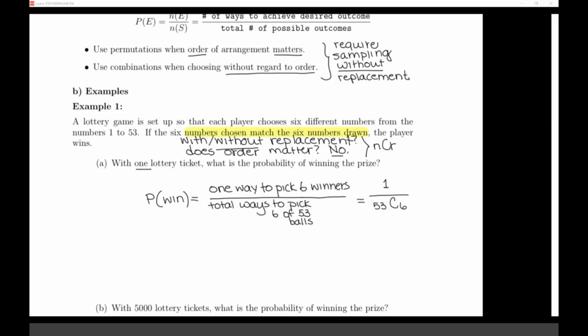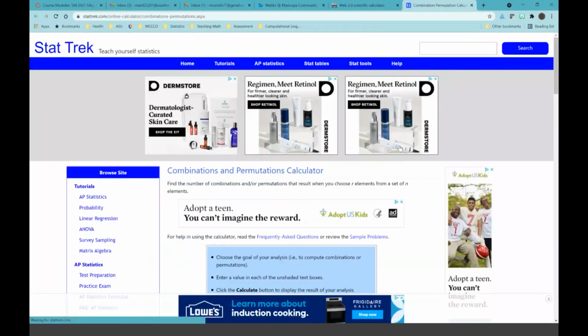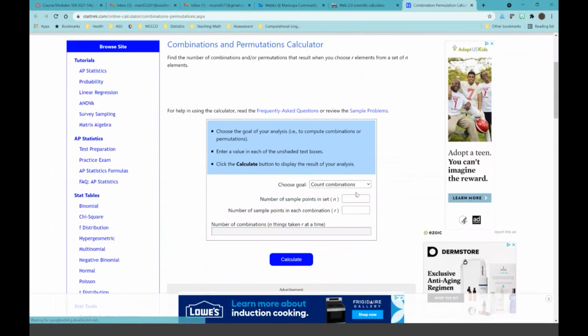Everybody see how I came up with that? The rest of it is something I can do on a probability calculator. I'm just going to evaluate 53 choose 6, and I'm going to go over here to my combinations and permutations calculator. It's set for counting combinations.